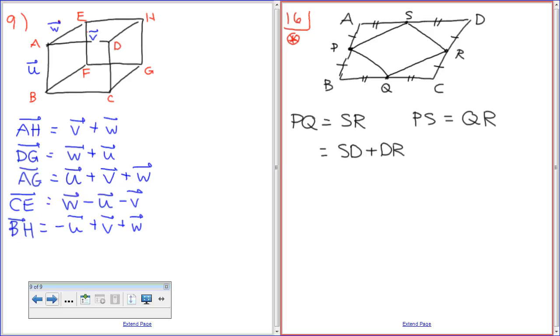So what is SD? What's another way I can write SD? What's SD equivalent to? BQ, okay? So what we said is that this vector is equal to this vector, this is equal to BQ. Someone other than Bailey, because I know you got this. What's DR equal to then that would be useful to us? Yeah, PB.